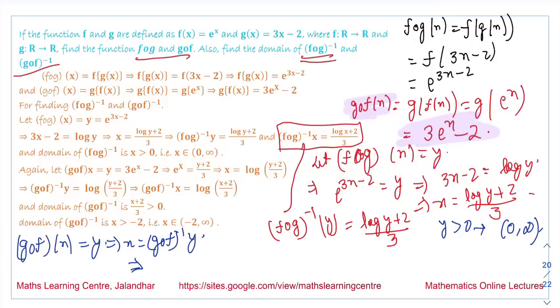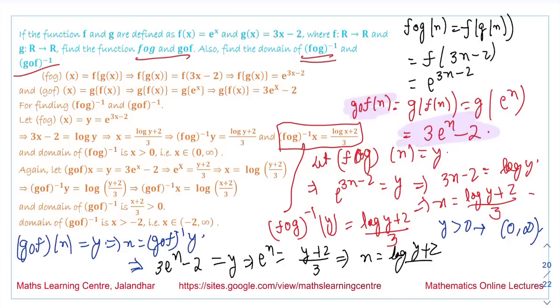So we get 3 e raised to the power x minus 2 is equal to y. So this implies e raised to the power x is equal to (y plus 2) by 3. So this gives us x is equal to log of (y plus 2) by 3.